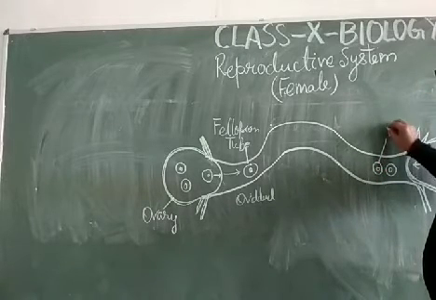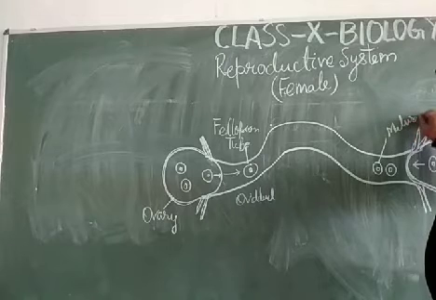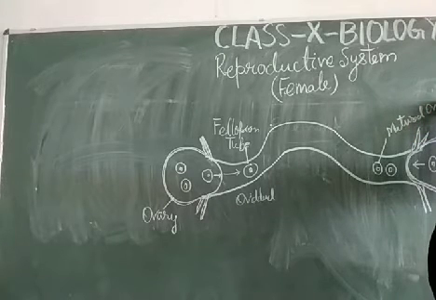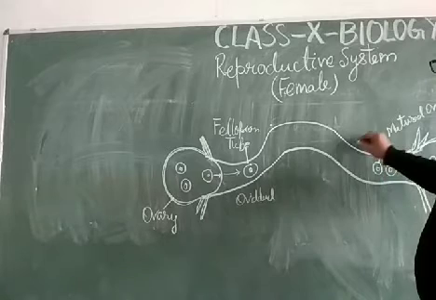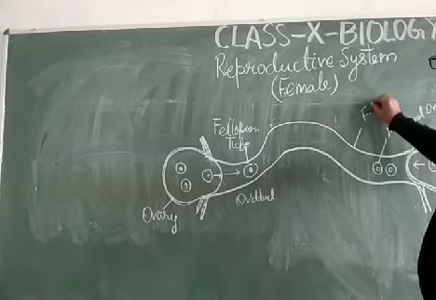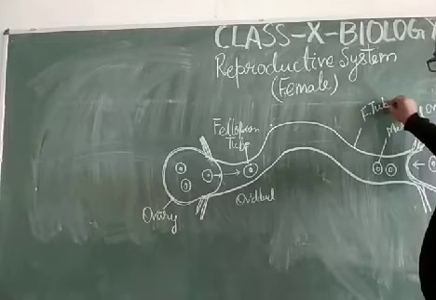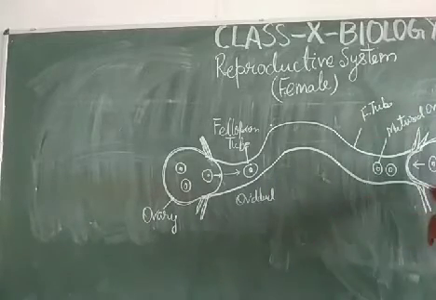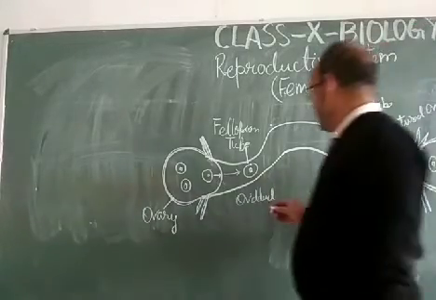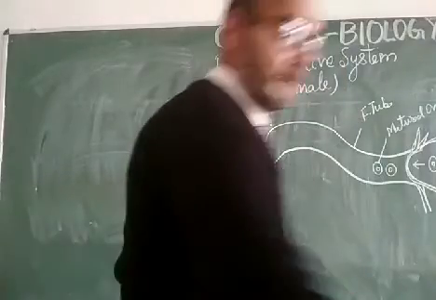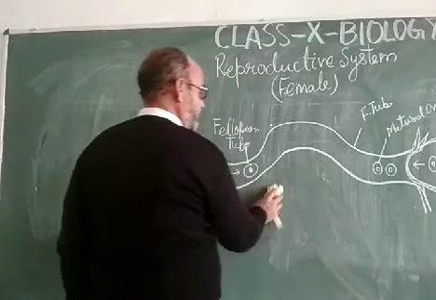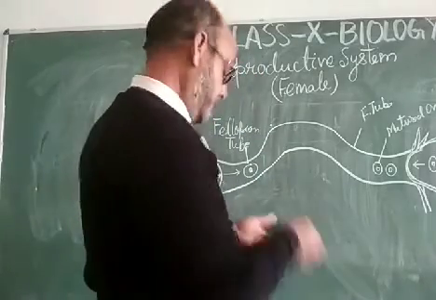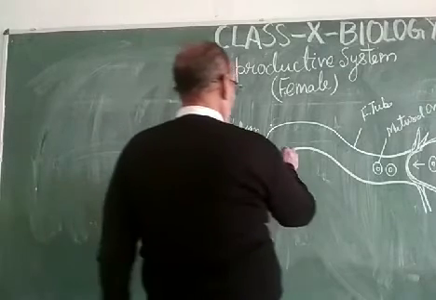So this is the matured ovum. This is the ovum. This is the fallopian tube. This is found on both sides of the body, and this will be the uppermost structure of the female reproductive system.